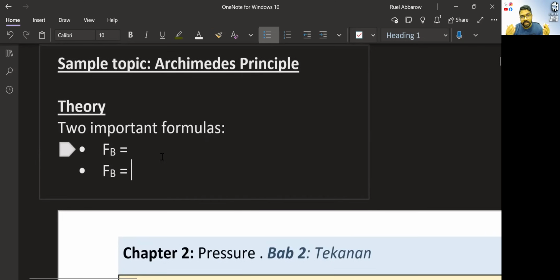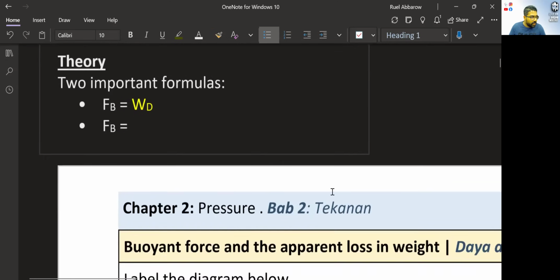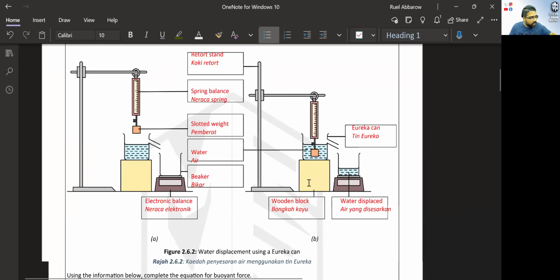When an object is partially or fully immersed in a liquid, there will be an upward buoyant force acting on the object that is equal to the weight of the liquid displaced. So FB equals WD, weight of liquid displaced. What is this weight of liquid displaced? I'm going to tell you in a while. We're going to discuss this setup here.